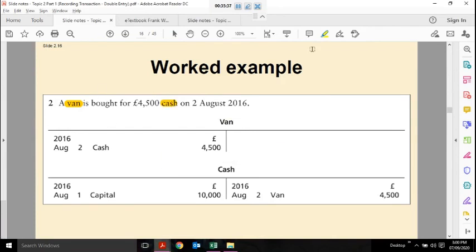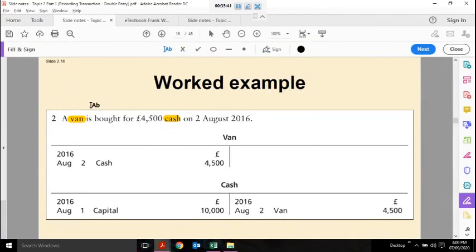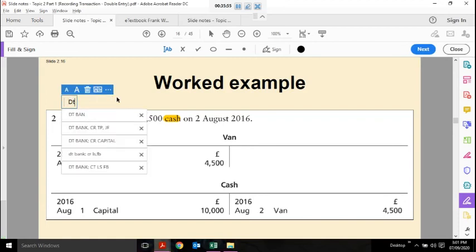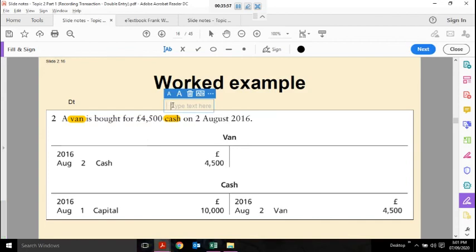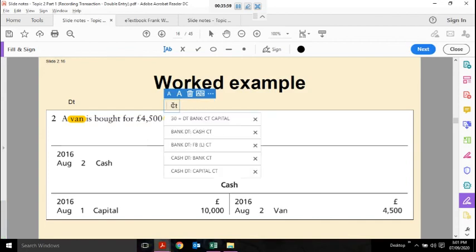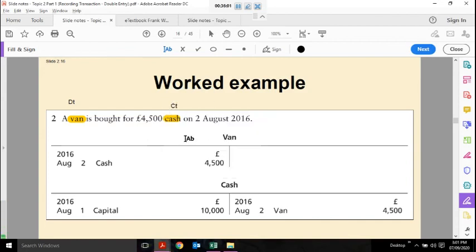A van is your asset, your possession, right? So when your possession increases, you should record it on the debit. So you open this one, I just write like this. Debit, and your cash will be credit.